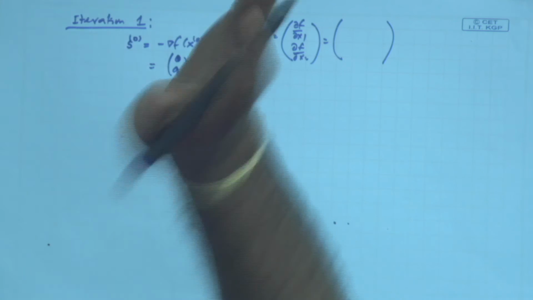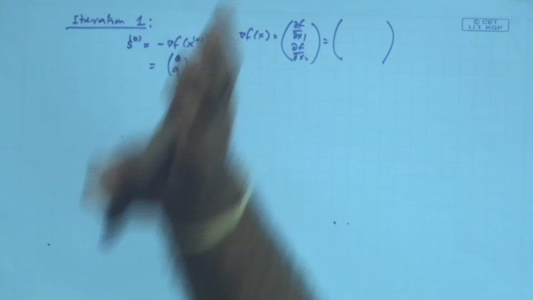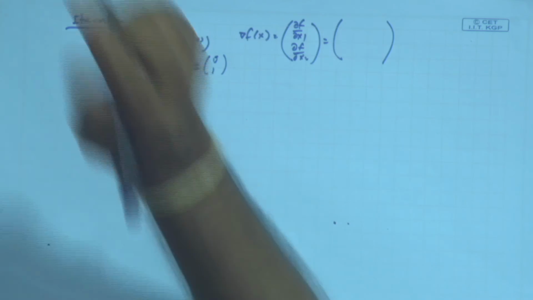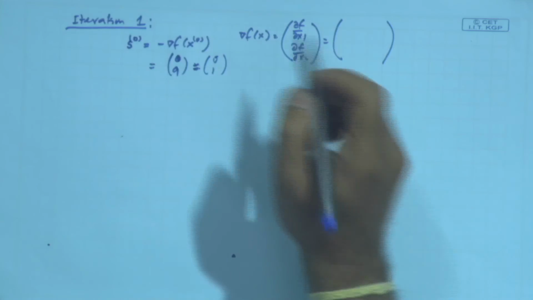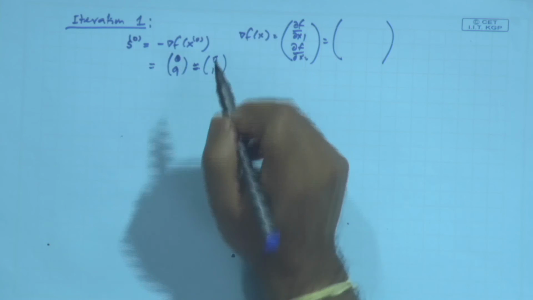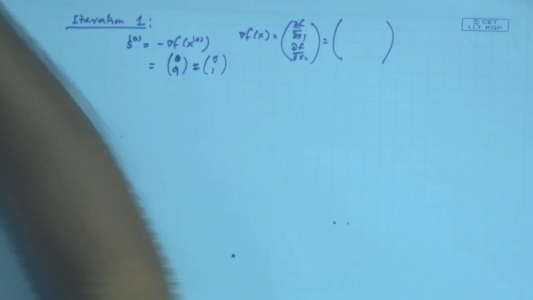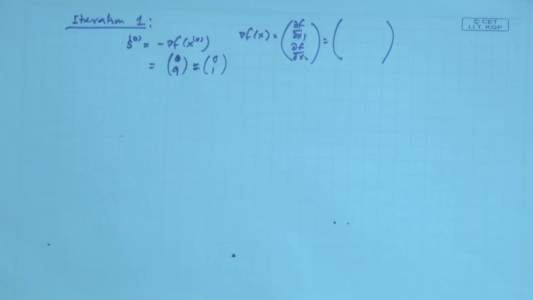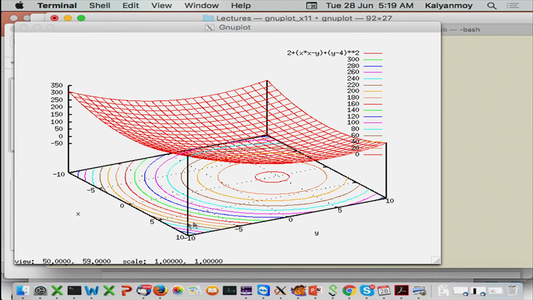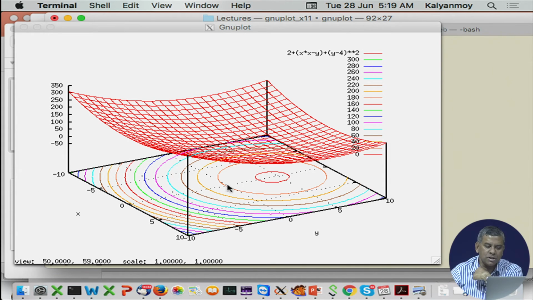All it says is the direction. It's just that this has a little larger magnitude, but it's the same direction. So it's telling you that on the x-axis you don't move, on the y-axis you move. In my plot, the x-axis is this axis, the y-axis is that. So it says from this point you should move along y to get to the minimum. Okay, so everything is working so far.